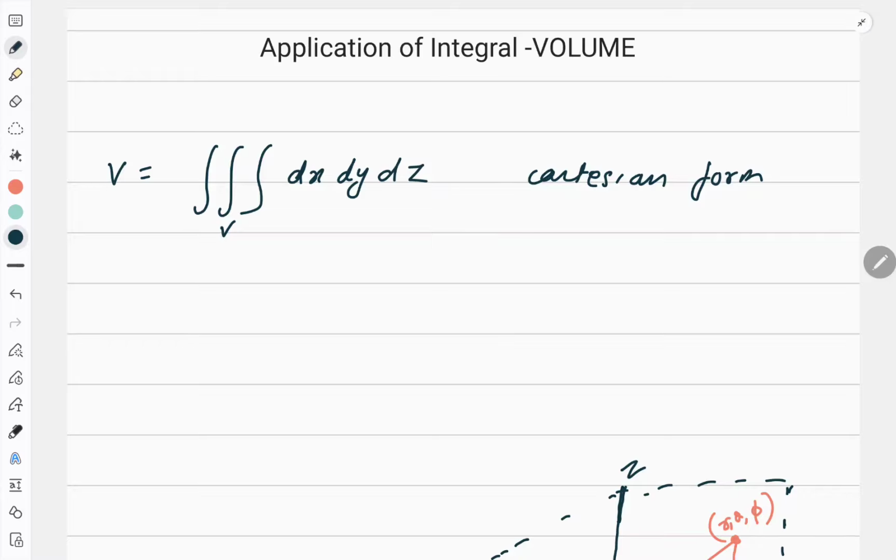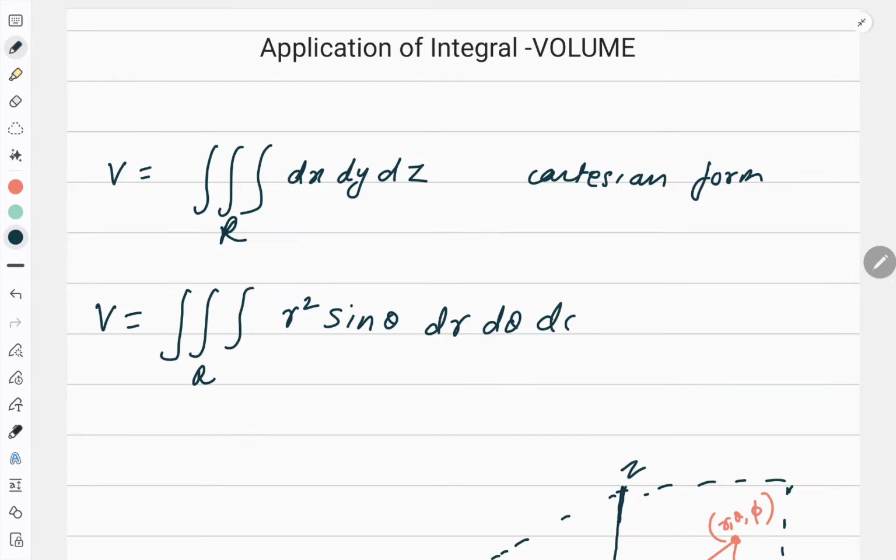But when we talk about the volume of a solid, we have spherical coordinates. So what are the spherical coordinates? Volume is equal to the triple integration over the given region of r square sine theta dr d theta d phi.